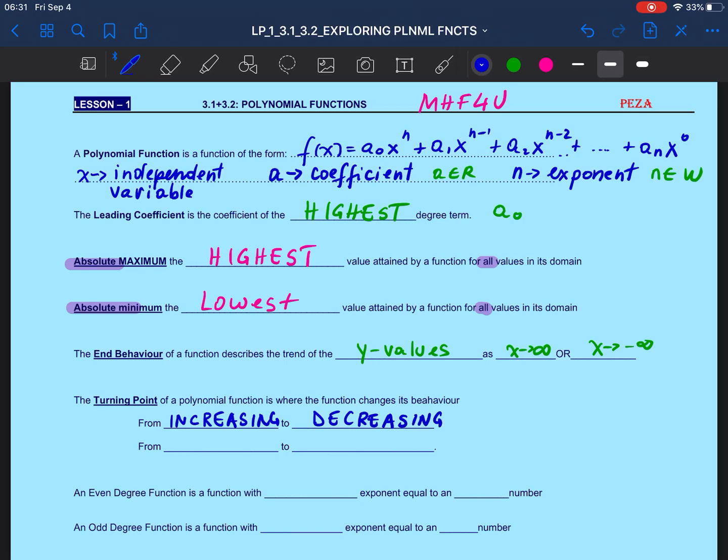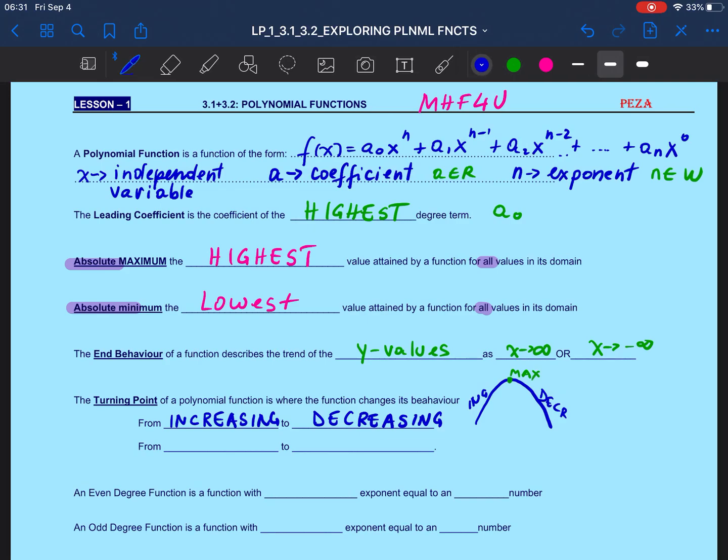So when the function changes the behavior from increasing to decreasing, so here it's increasing, then it starts decreasing, then the function has to go through a turning point or makes a turning point. In this case, from increasing to decreasing, the turning point will actually represent a maximum on the graph.